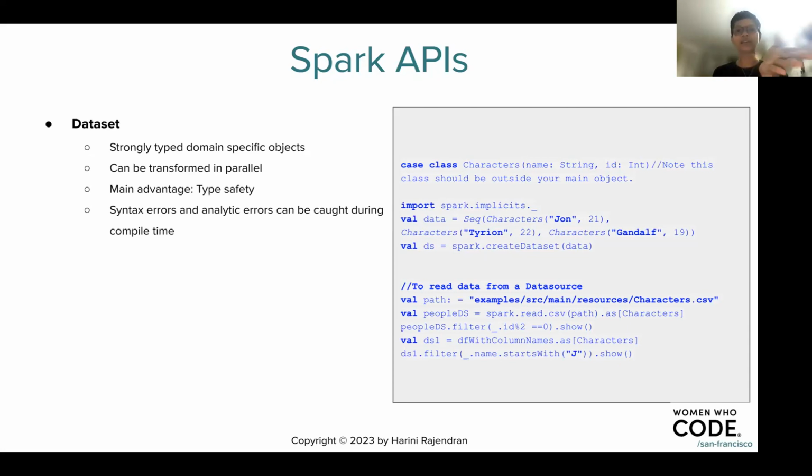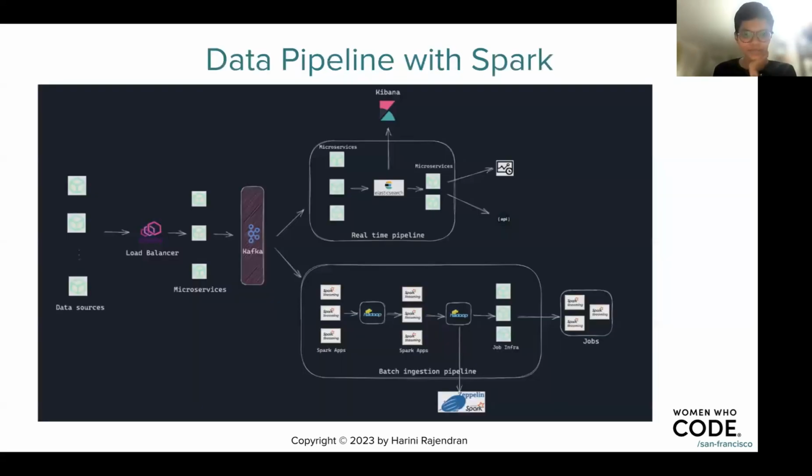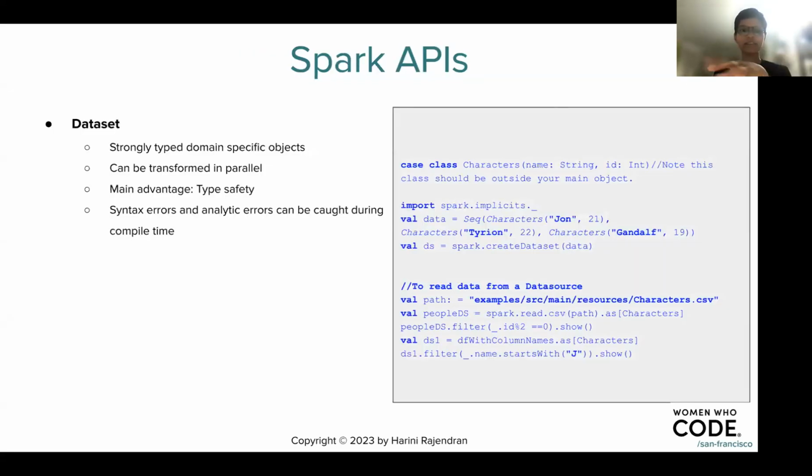Or the action can again produce some intermediate result which could further be transformed. So you could chain it however way you want. So yeah, these are the three different abstractions of Spark, the APIs that Spark supports.